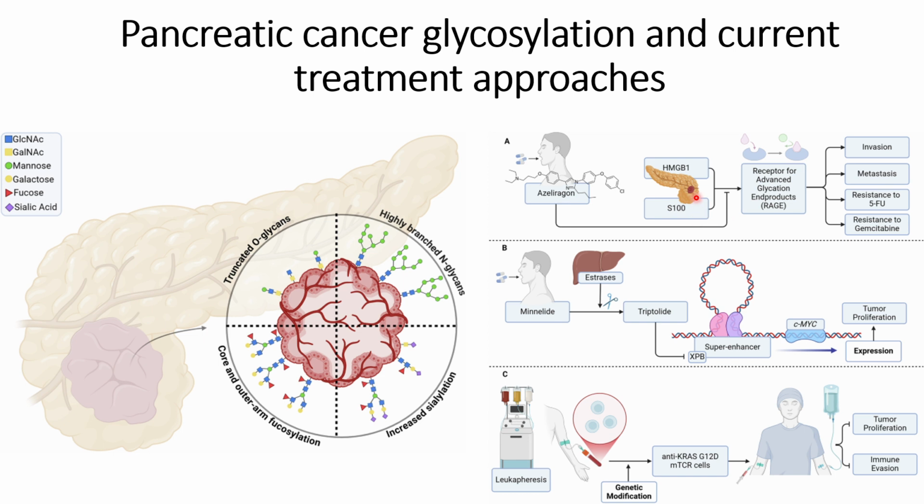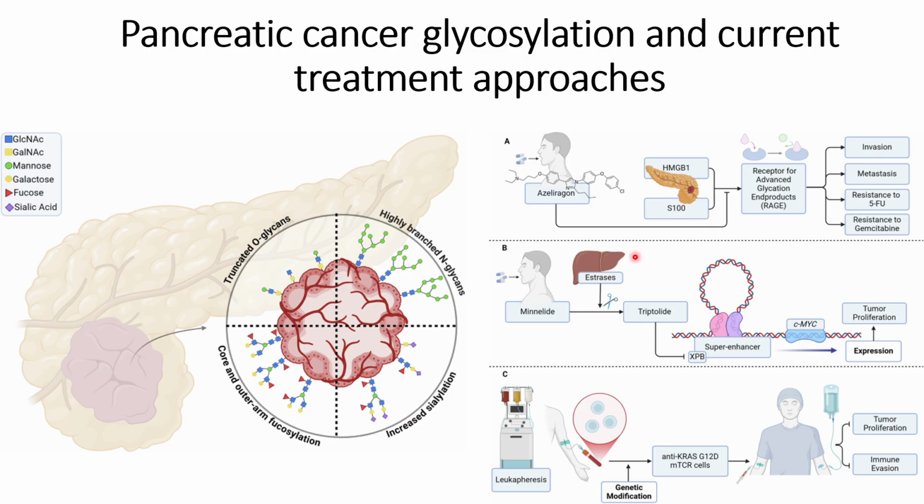It will bind to HMGB1 and S100, thereby preventing the intercellular signaling that might cause invasion, metastasis, and even resistance to drugs such as 5-FU and gemcitabine. So these things can be inhibited just by targeting the receptor for advanced glycation end products.